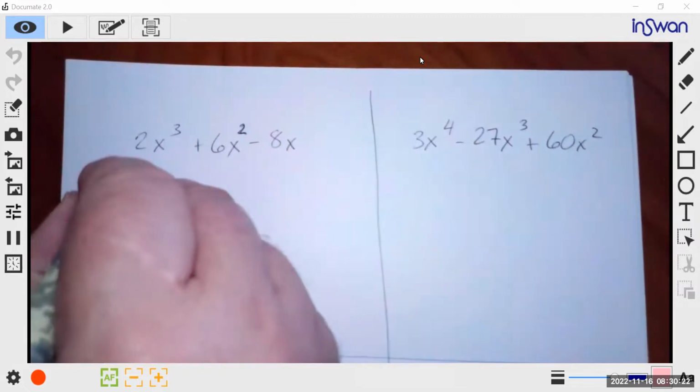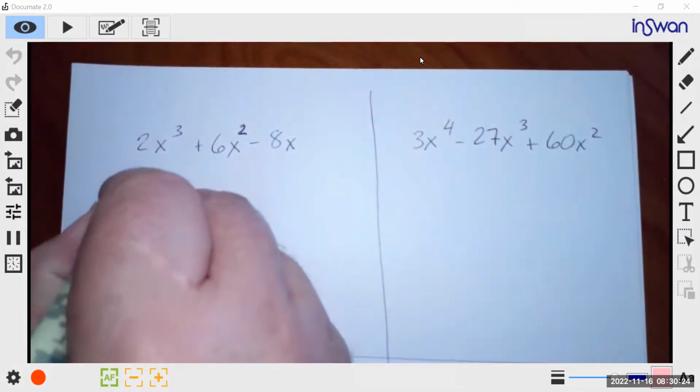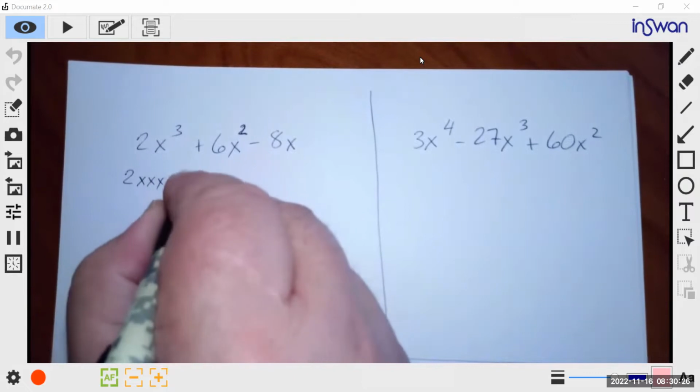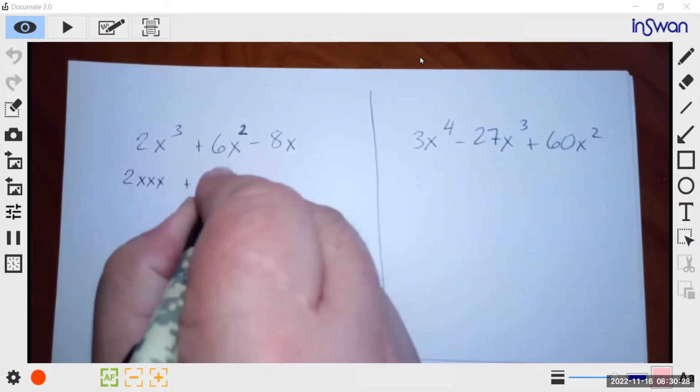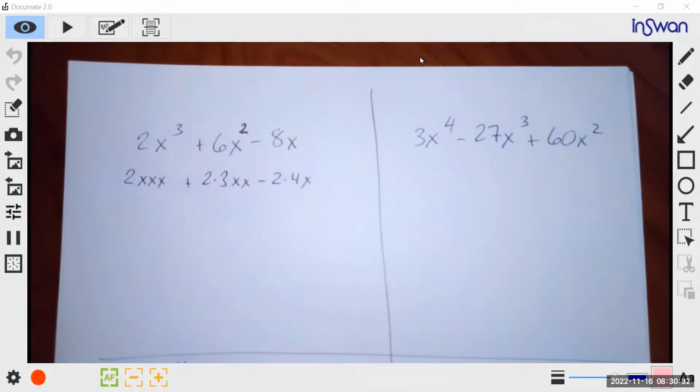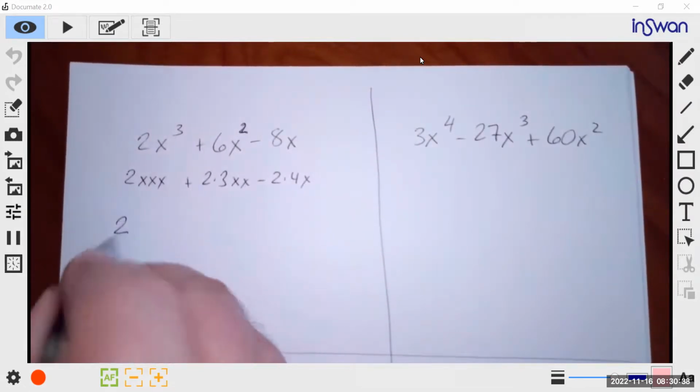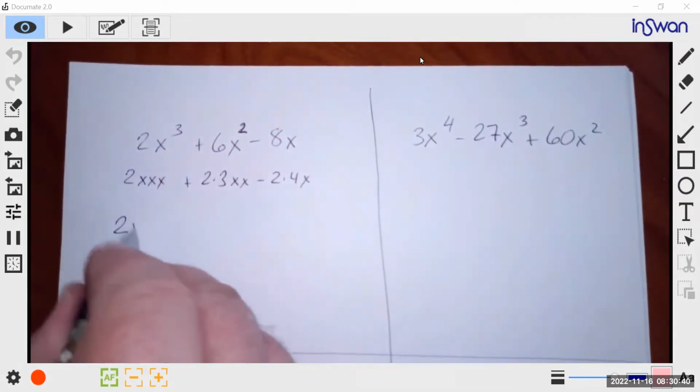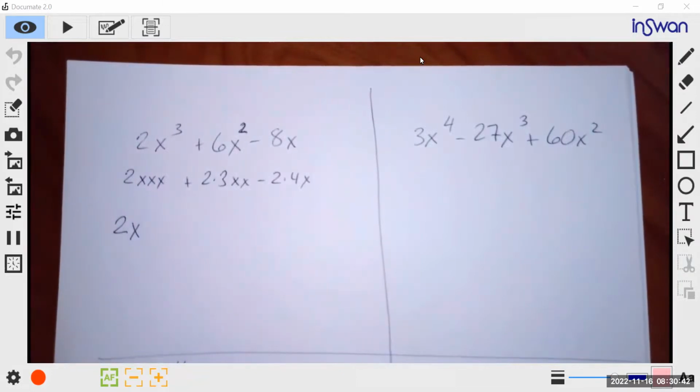Let's see. This is 2x, x, x. This is 2 times 3, x times x. 2 times 4, x. Is that going to make it easier? Do they have anything in common now? They have a 2 in common, and they have 1x. So that's the first thing I have to do.